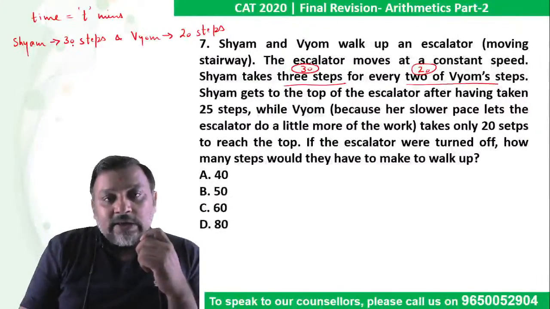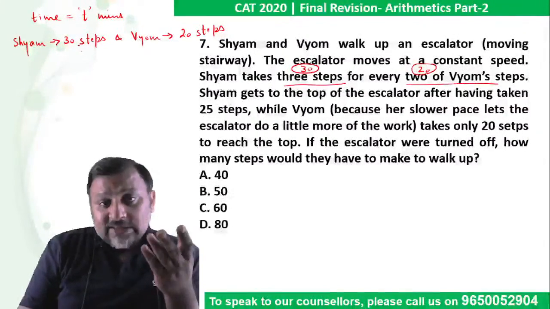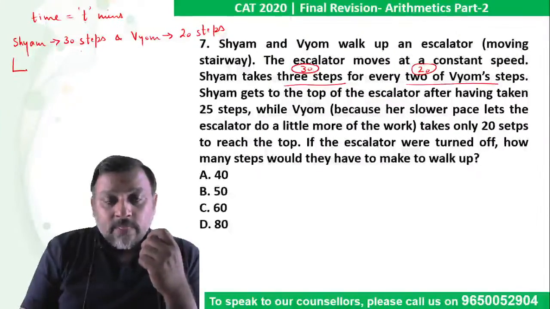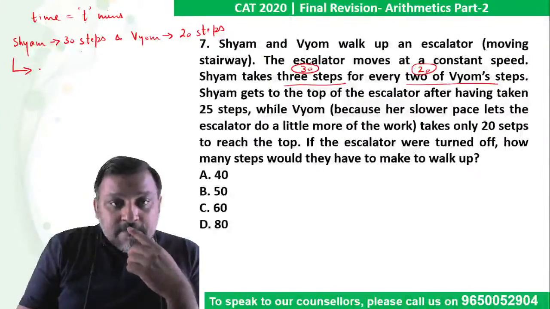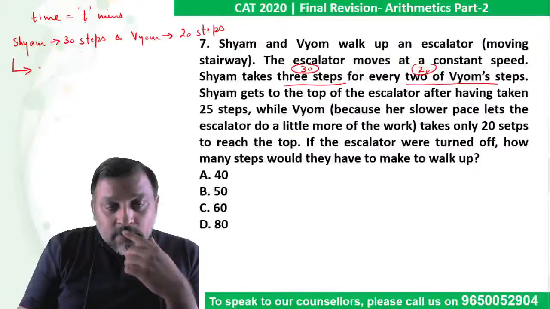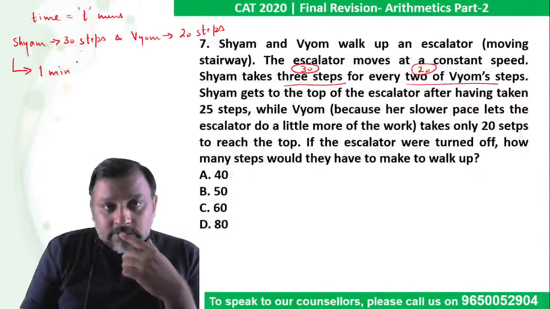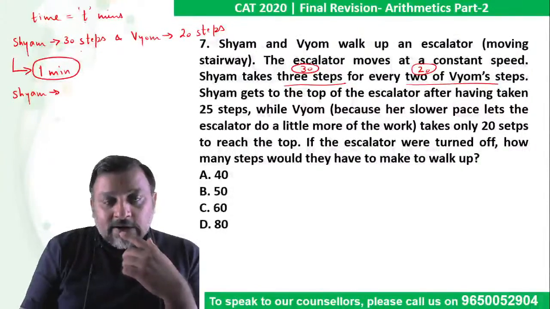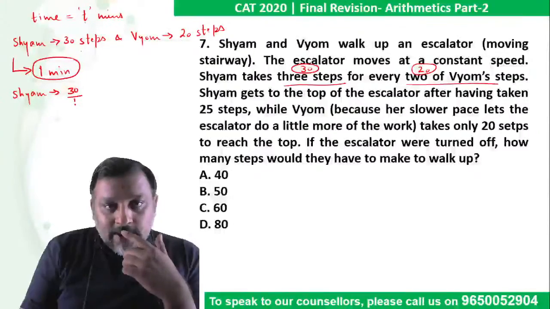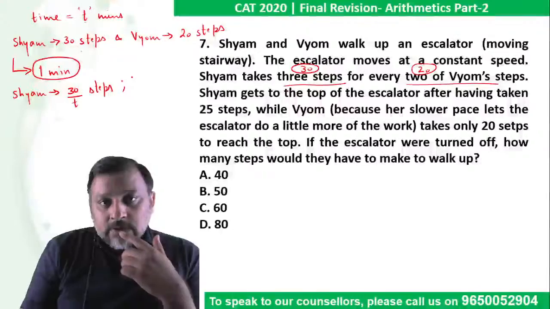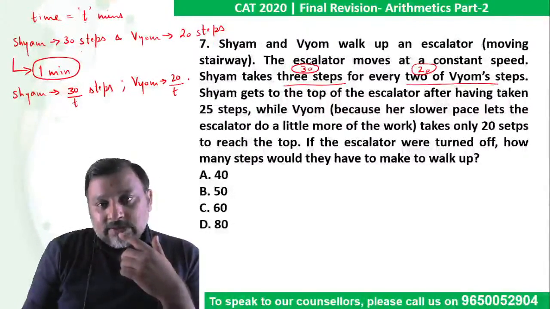So can we say if he takes 30 steps in t minutes, in 1 minute, Sham will take 30 by t steps and Vyom will take 20 by t steps.